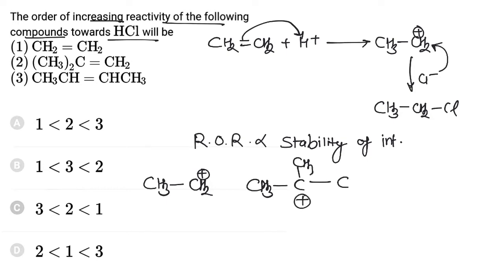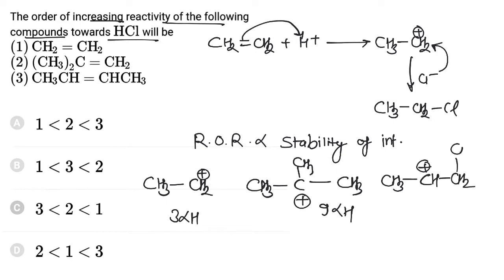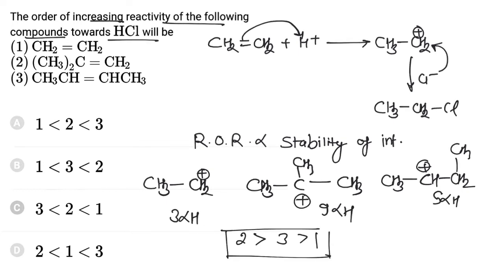The first carbocation has 3 alpha hydrogens, the second has 9 alpha hydrogens, and in the third case the carbocation formed has a total of 5 alpha hydrogens. So the rate of reaction depends on the stability of the carbocation, and the stability of the carbocation depends on the number of alpha hydrogens. So the most stable carbocation is formed in the second case, then the third, then the first, and hence the correct order is 2, then 3, and the first is least reactive. The correct answer is B.